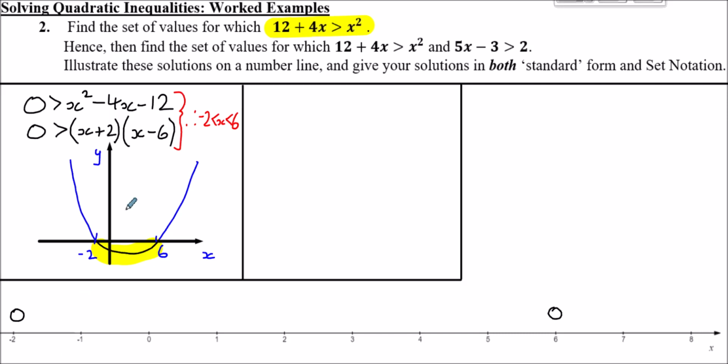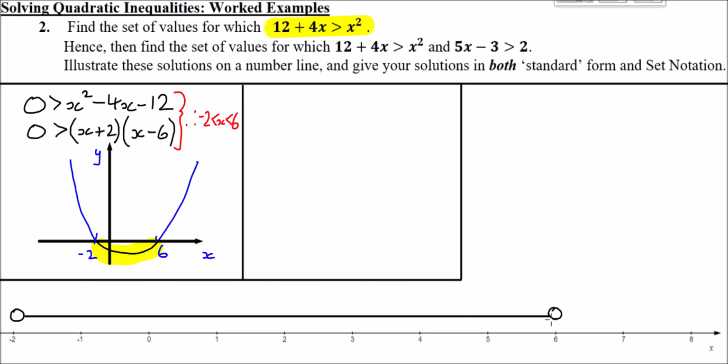Hollow circles because it's strictly less than, then we have a straight line connecting the two together, like so. Let's make that a bit longer so it actually connects. There, that should do. Well, close enough. So the solution to this one I've put here, -2 less than x less than 6.